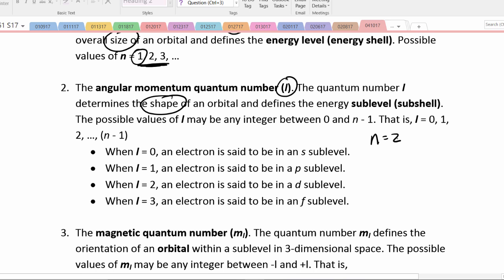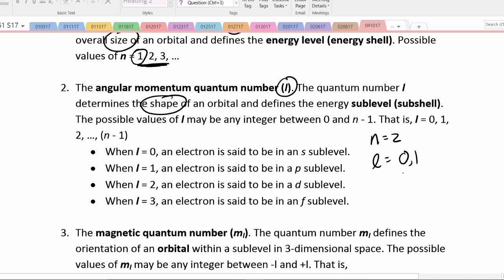If n is equal to 2, according to these rules, l could have possible values of 0 and 1. Because again, the possible values of l could be any integer value between 0 and n minus 1. So l could be 0 or 1.